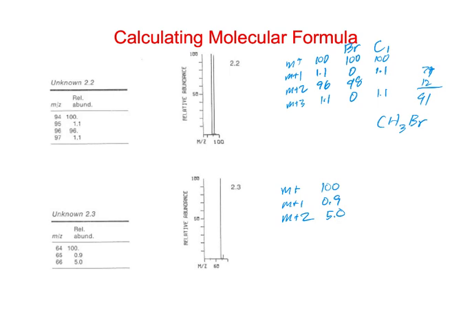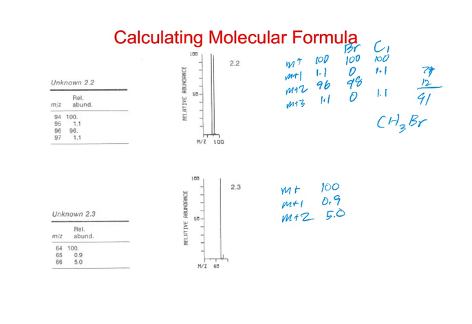Okay, so silicon contributes 3.4, but silicon also has 5.1 in the M plus 1, so it's not that. Sulfur contributes 4.4 to the M plus 2 and 0.8 to the M plus 1. Is that silicon or? No, because silicon has, you got the table there?